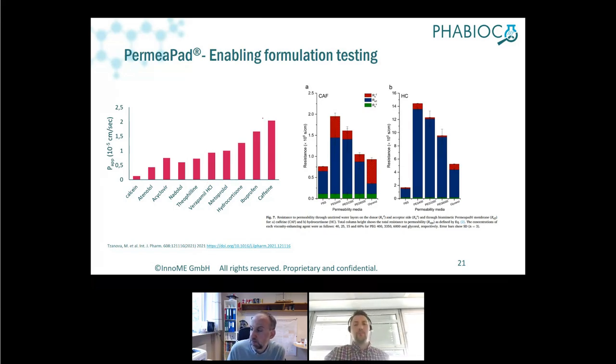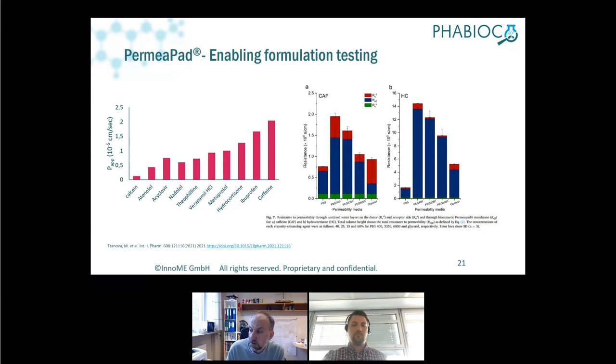And here are the latest results produced by Tsanova et al., where they investigated the role of different donor environments produced by addition of glycerol and polyethylene glycol of different chain length on the net permeability, showing that hydrophilic compounds are much more sensitive to changes in the donor compartment than the lipophilic compound, hydrocortisone in this case.